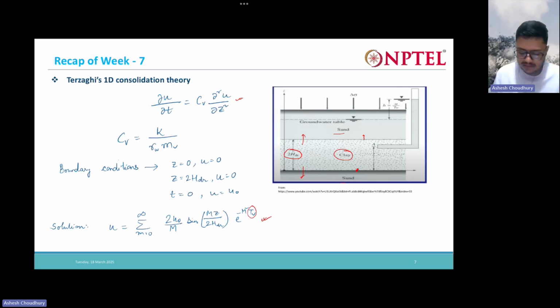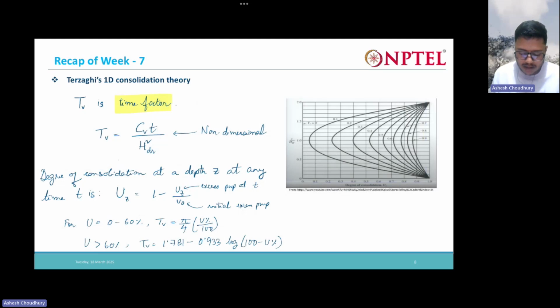What is the time factor? Tv is equal to Cv t by Hdr squared. Cv is the coefficient of consolidation, t is the time, and Hdr is the drainage path, so we take the square of the drainage path.